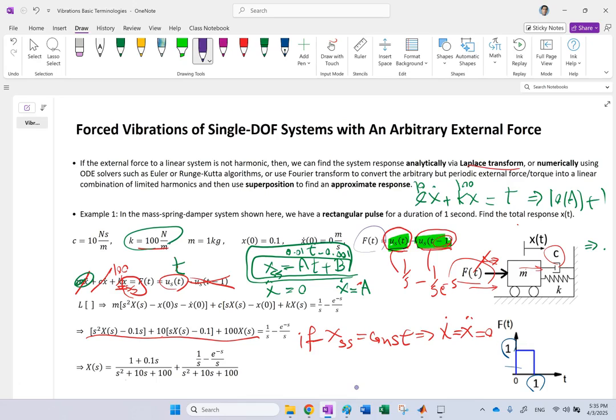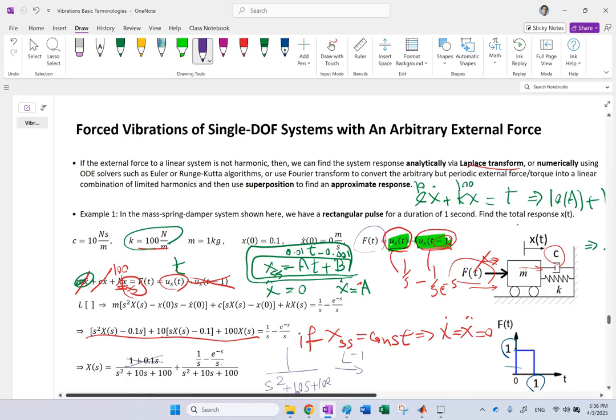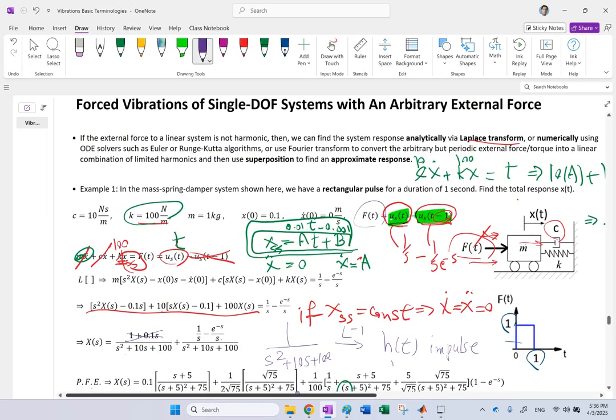Okay, and transfer function is the function that you have when the initial conditions are 0 and for a custom input. So in this case, your transfer function is simply this. So if you apply Laplace inverse on this, you are going to get a function like h of t. This h of t is called impulse response of the system.